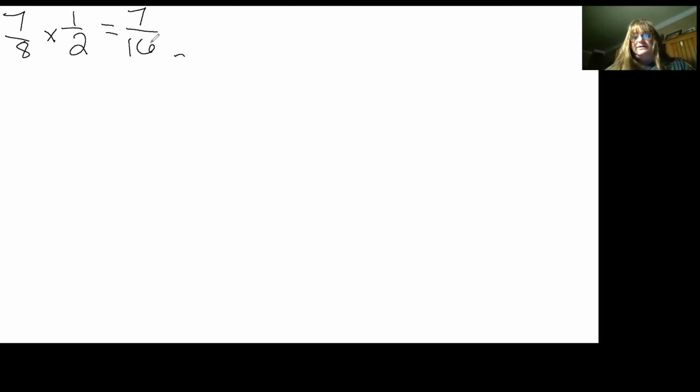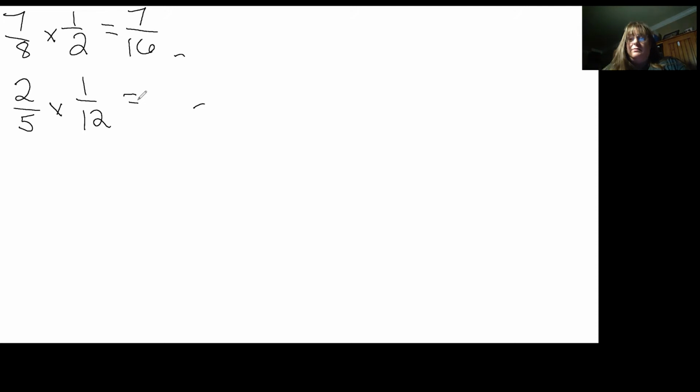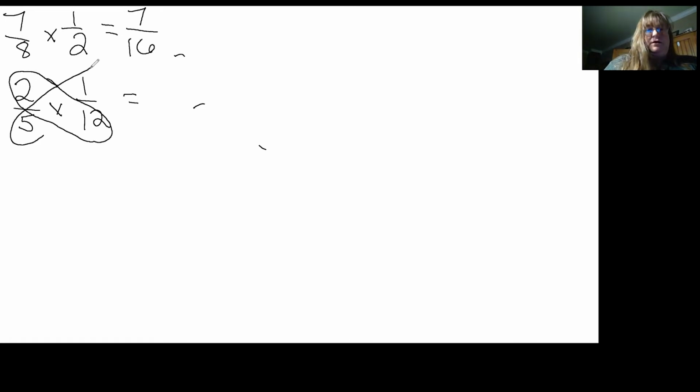Now, let's try one that's a little harder. We're going to do 2/5 times 1/12 equals. This time we can reduce before we start to multiply. It's a lot easier to work with smaller numbers, so we're going to practice reducing before we multiply. In my class, we had a saying, before you multiply, reduce with a butterfly, which means we circled our numbers like so.